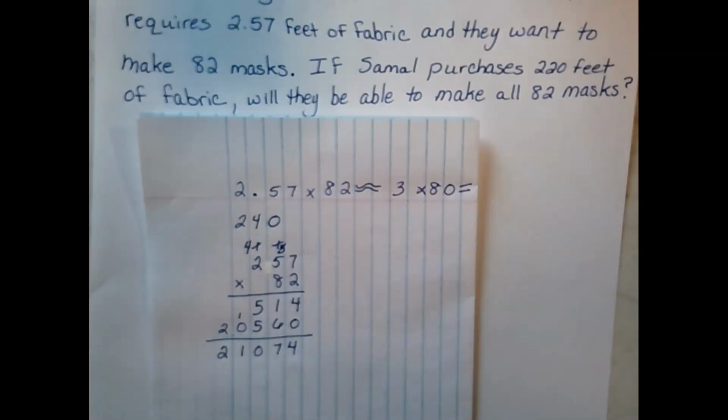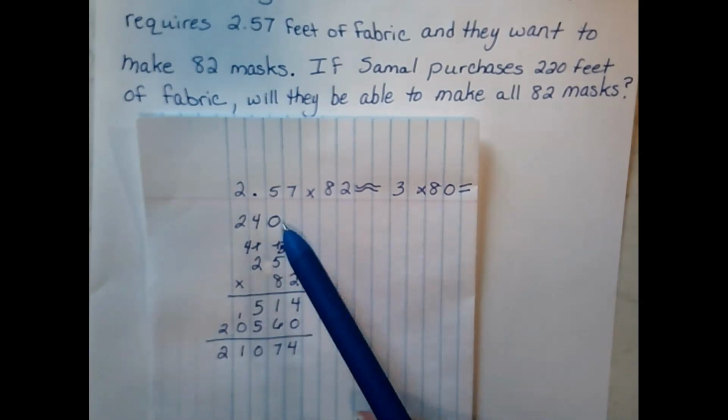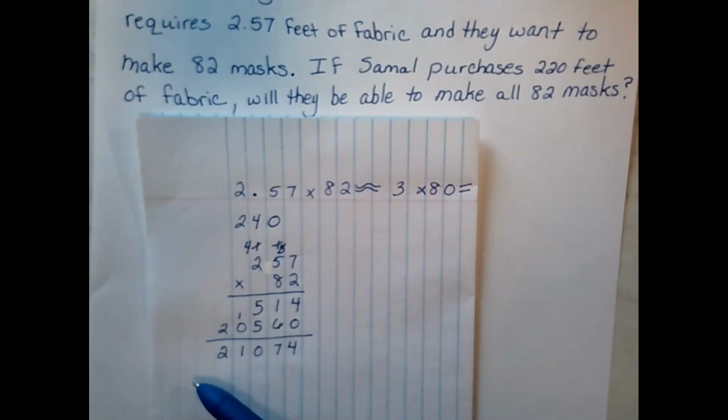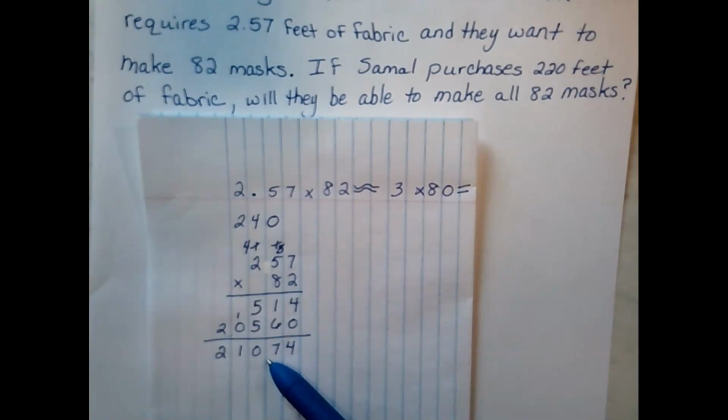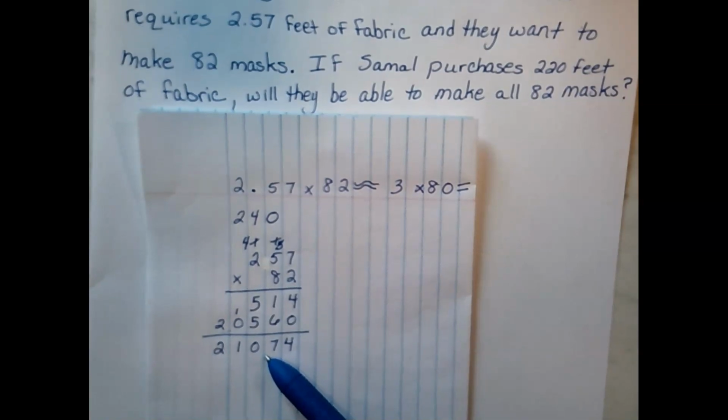So I've now done the multiplication and adding, and I'm ready to put my decimal back into the problem. We can do this in 2 different ways. We know that our answer should be somewhere around 240. If I were to put my decimal after 210, that would make my answer close to 240.